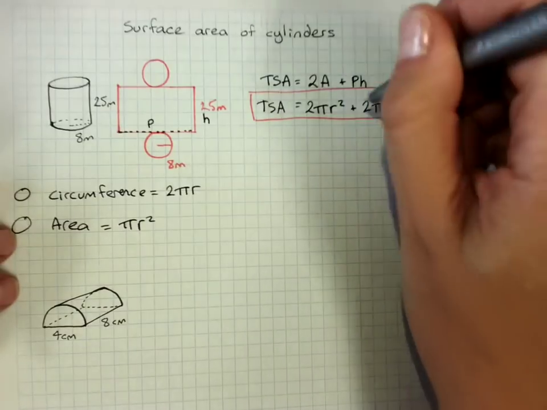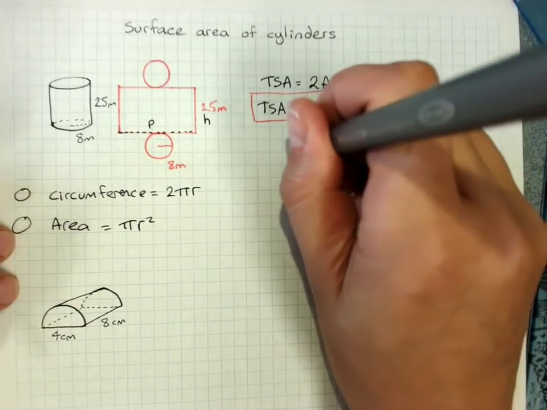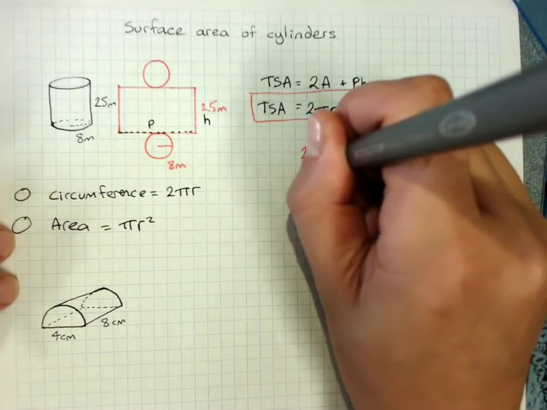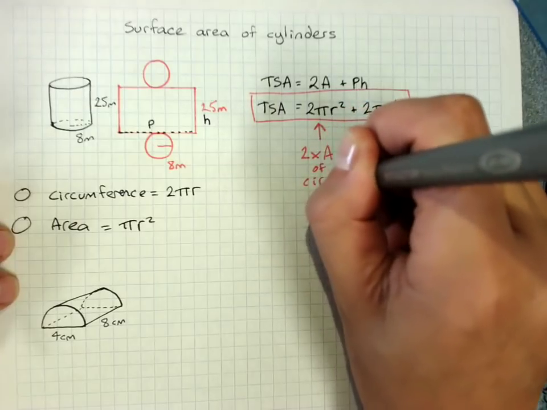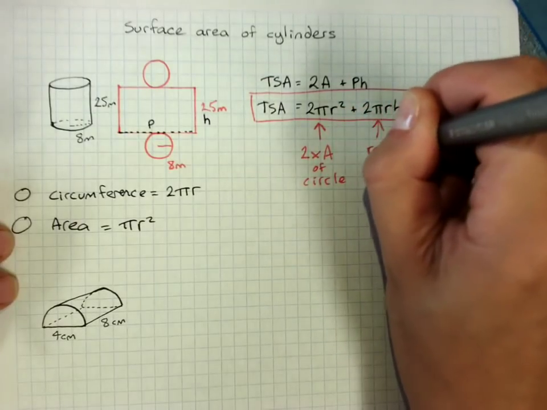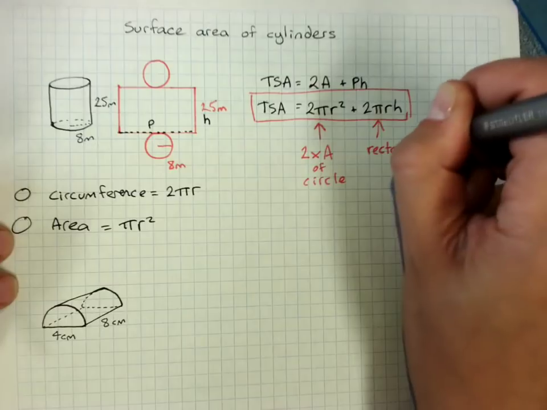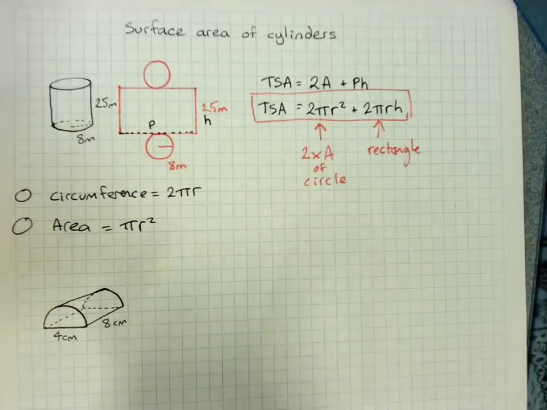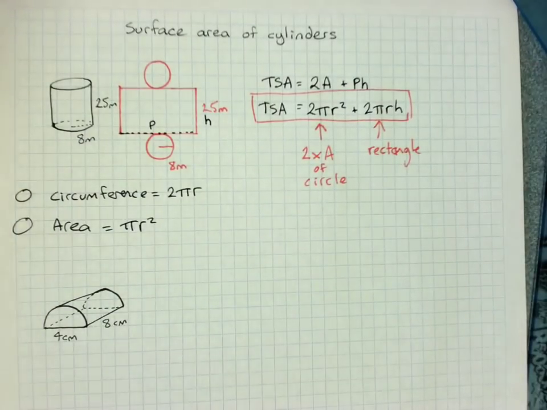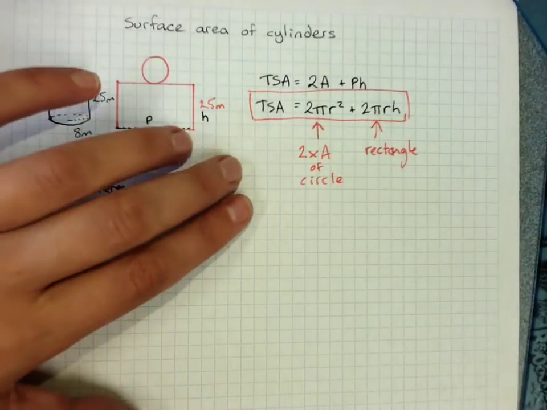So it's worth saying this bit, 2 times area of circle, this bit is the rectangle, the curved surface. Because you do need to be able to manipulate this formula a bit.